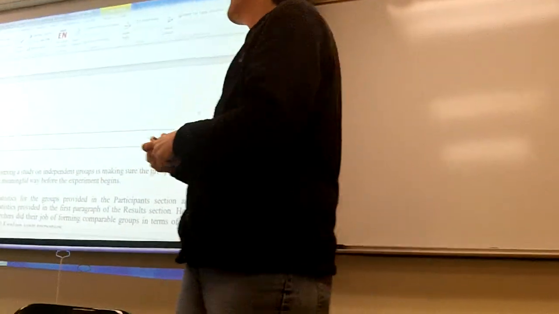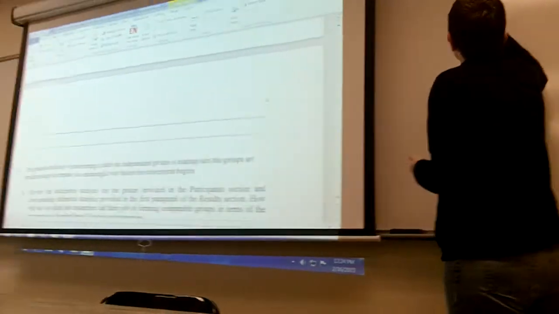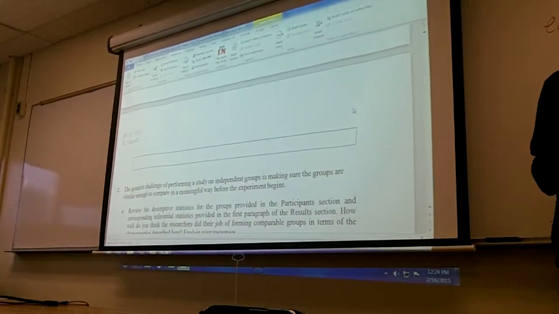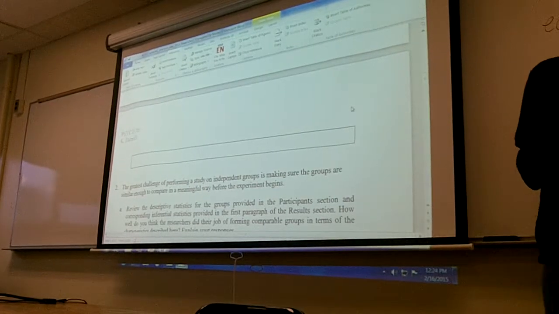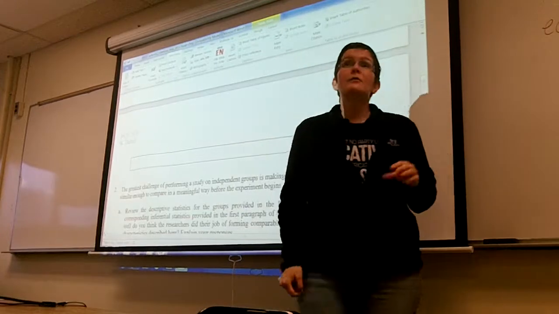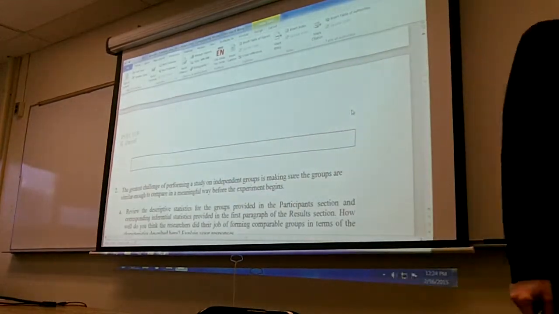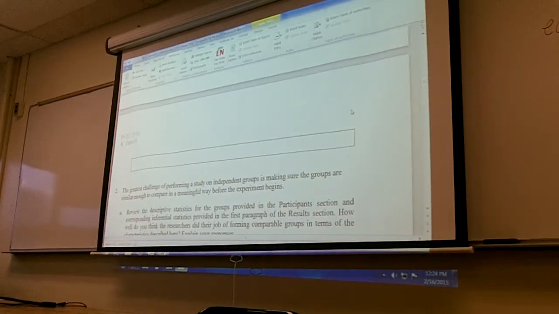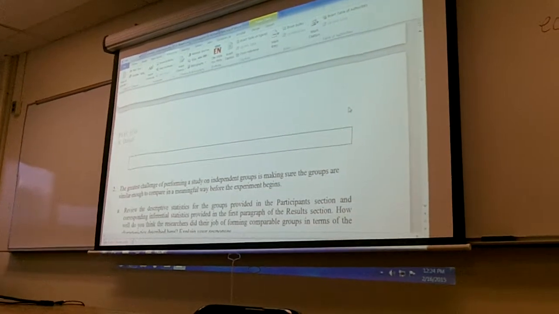More critically, we want something called ecological validity, which means we want it to be as much like the real world as possible. And in the real world, students pick their teachers. And in the real world, students pick their schedule. And so if I want to find out what kind of teaching strategies work well, then I should be dealing with as realistic a student group as possible.